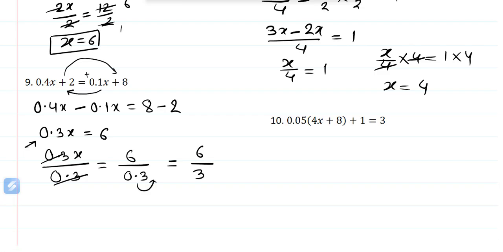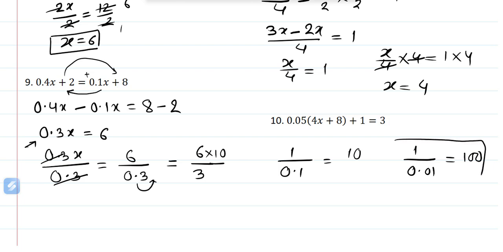And then you multiply by 10. Simply, if 1 is divided by 0.1, that is equal to 10. Same, if 1 is divided by 0.01, that will be equal to 100. You can try this in a calculator. That simply means when you shift the decimal by one number, then we multiply by 10.